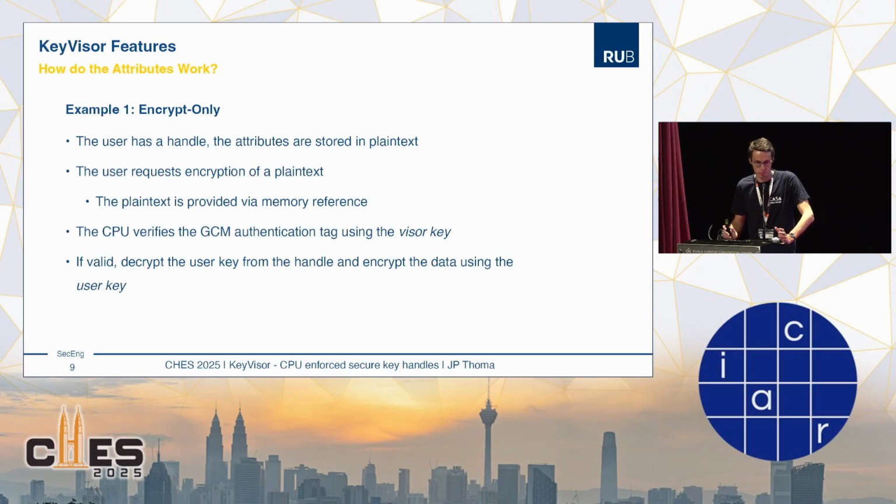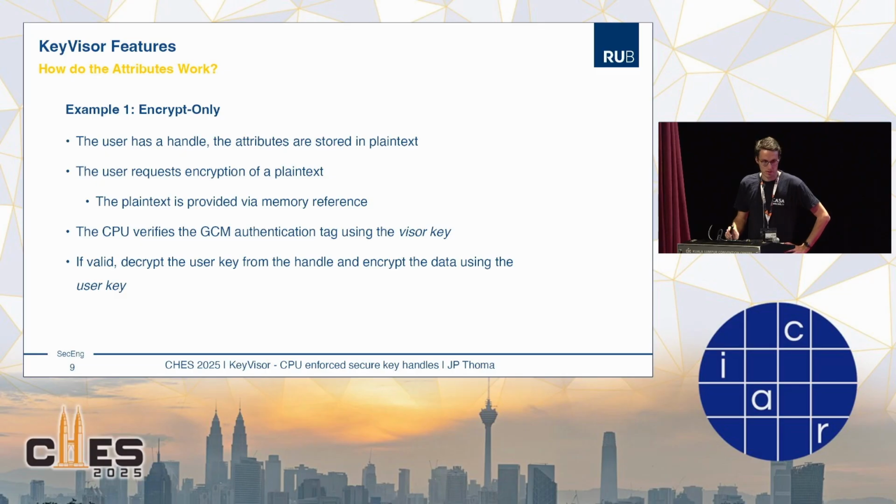I'd like to go through two examples of how the attributes can work and how the usage of the key handles can work. And the first one would be for the encrypt-only attributes. So we assume that the user has a key handle, and since the attributes are stored in plain text, the user can see what are the attributes on that handle, and he can then see that it's probably an encrypt-only or decrypt-only handle.